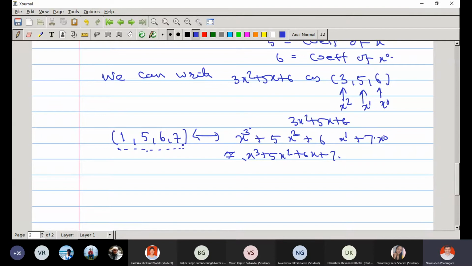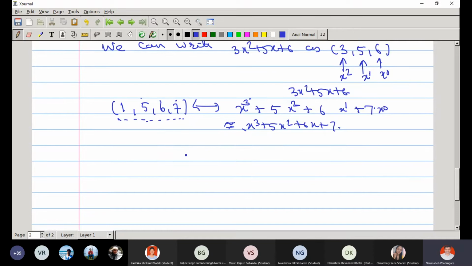If your understanding is that the first one is the coefficient of x raised to 0, the second one is the coefficient of x to the power 1, and so on, with this understanding you can identify polynomials by vectors, right?